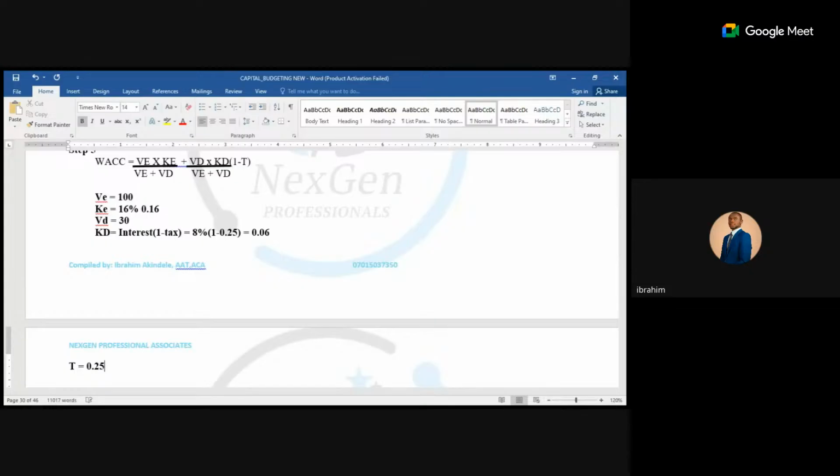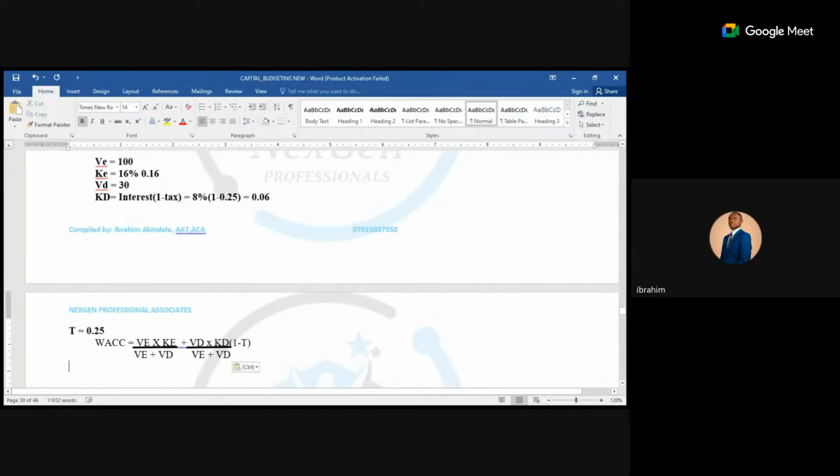So we can now pick our formula here. Value of equity to be 100, cost of equity to be 0.17.